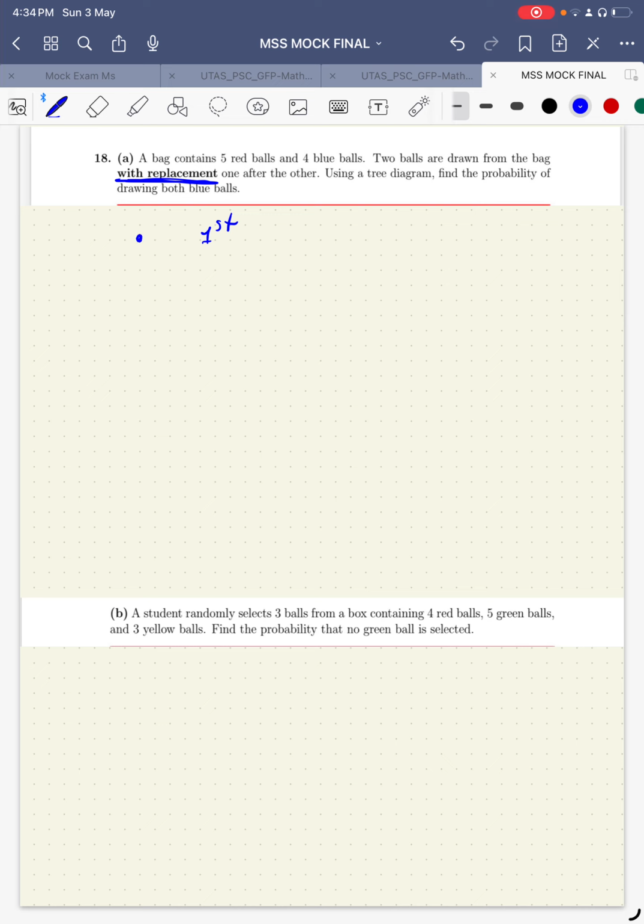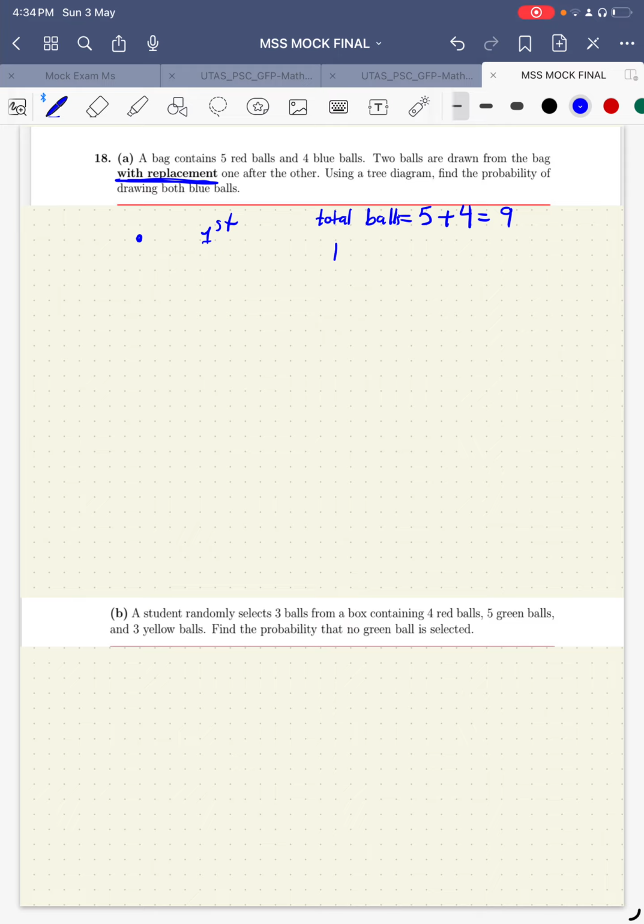So let's start with our first action. First, what is the total number of balls? كم عدد الكرات الكلي؟ I have 5 red, so 5 plus 4 blue, the total is 9.